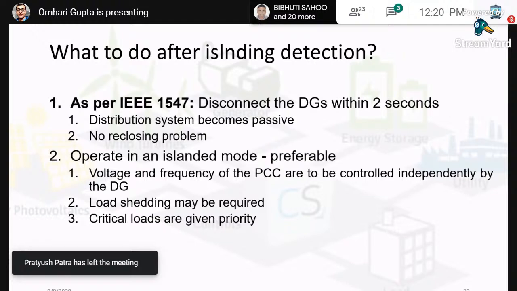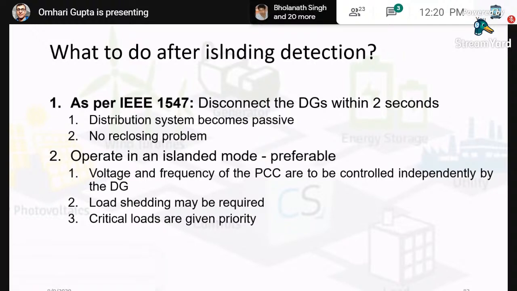Okay, so as per the recommendation of the IEEE standard, if you are able to detect the islanding and disconnect yourself within 2 seconds, there won't be any such problem.